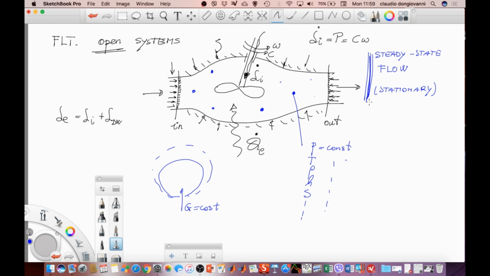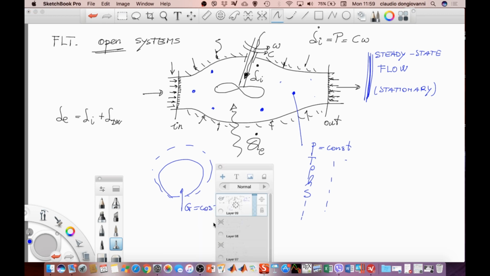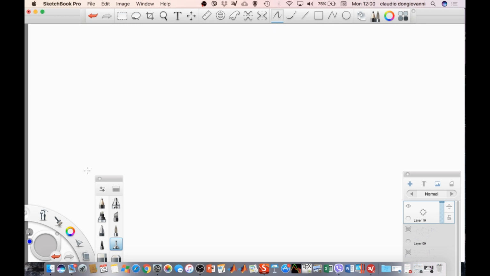So, let me write this relationship. First law of thermodynamics for open system is QE plus Li equal to delta H plus delta EK plus delta E gravitational.